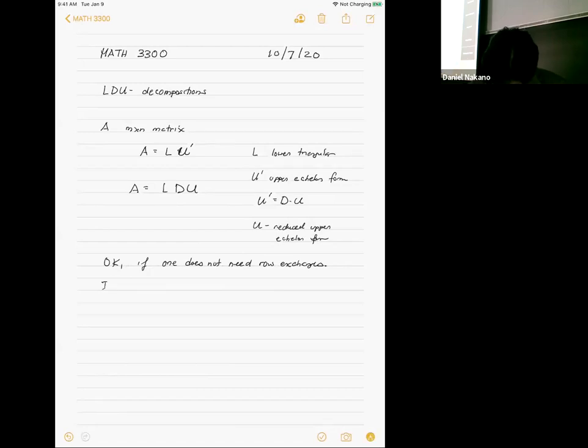So if row exchanges are needed, then we can look at P times A. When you do row exchanges, you can perform Gaussian elimination, and then P times A is going to be LDU, where P is the permutation matrix.